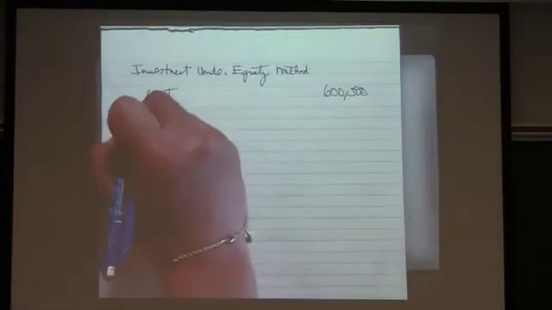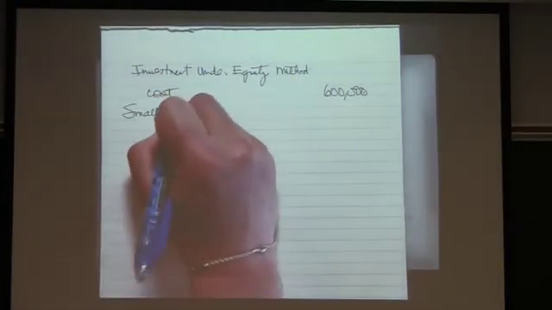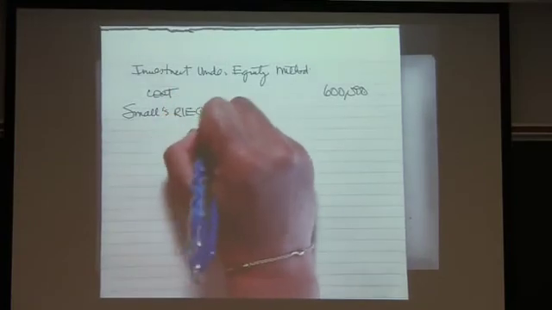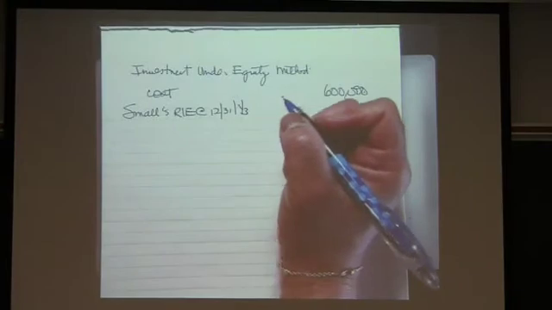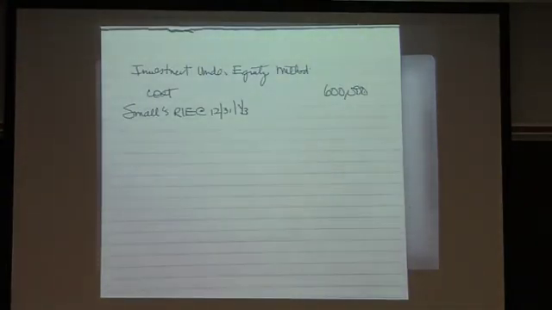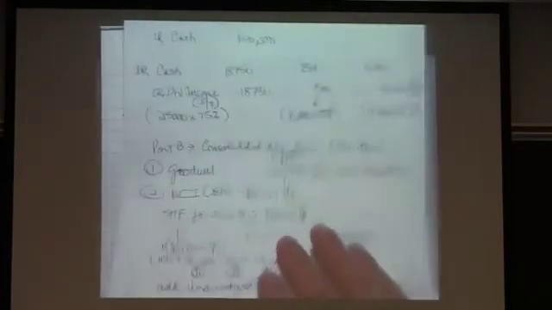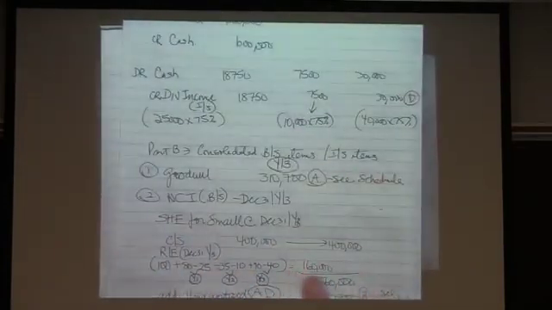We've got Small's retained earnings at 12/31 year 3, and we know that was $160,000. And how did we get that number? 160 was a number that we calculated, wasn't it? It was this one. Remember when we calculated the NCI, we saw that it was 160 in part 2.